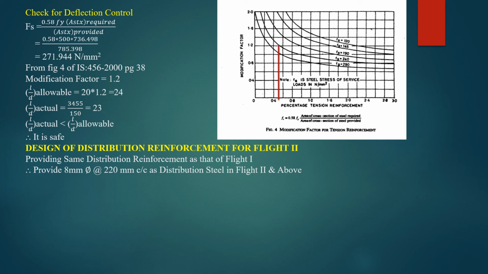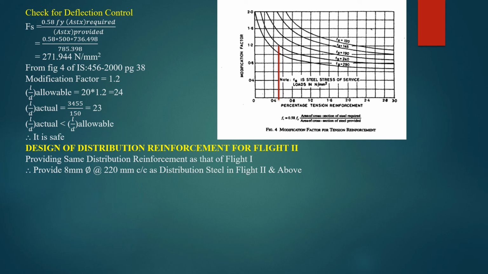Now let us see the design of distribution reinforcement for flight 1, flight 2, and the landing. As there is not much difference between flight 1 and flight 2, we can adopt the same distribution reinforcement as that of flight 1.